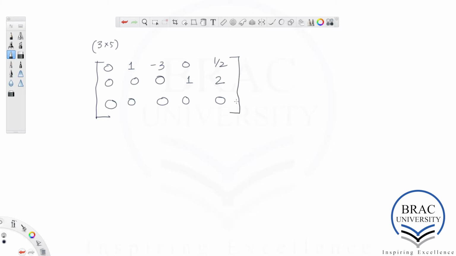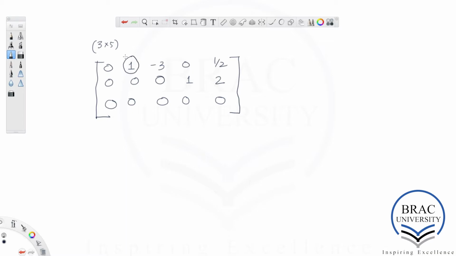So first identify the 0 rows and non-zero rows of the matrix. There is only one 0 row, and that is occurring at the bottom of the matrix. So we are good with property B. But before that, we have to check that it's a row reduced matrix, right? So identify the leading ones of the non-zero rows.